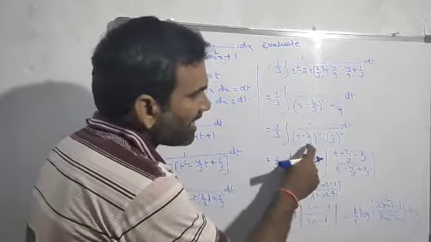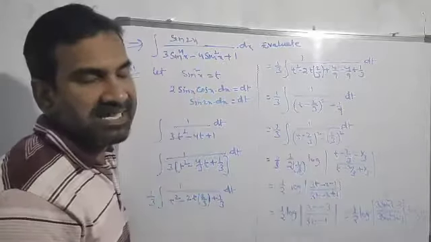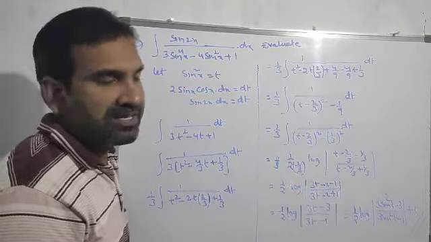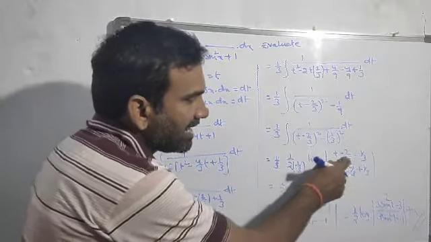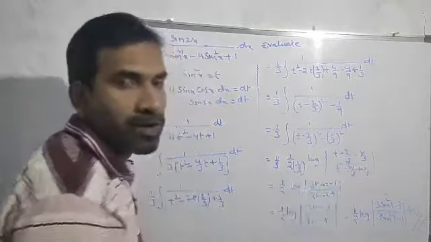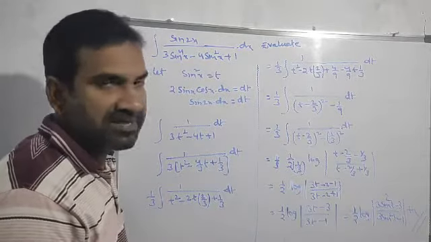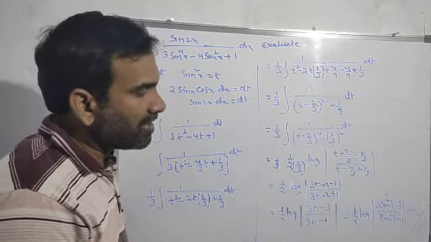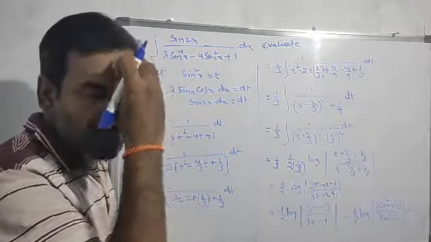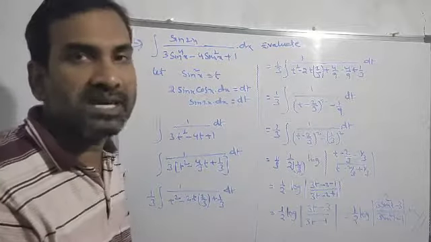It is in the form of integration of 1 by x square minus a square, and that formula is 1 by 2a log of x minus a by x plus a. In the place of x, now we are having t minus 2 by 3. In the place of small a, we are having 1 by 3. Just apply that. In the final step, write sin square x in the place of t. Don't forget plus c. So that is our answer.